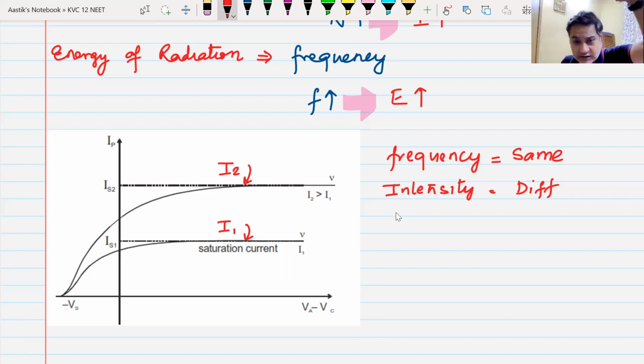I2 is more because the current is more. But you can see they have the same stopping potential because the frequency is the same. Frequency determines your stopping potential, whereas intensity determines your maximum current. Do we understand this? Yes, sir.